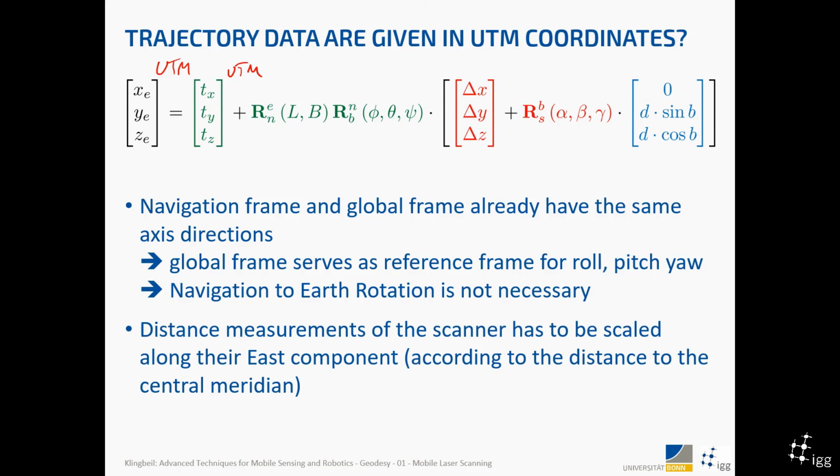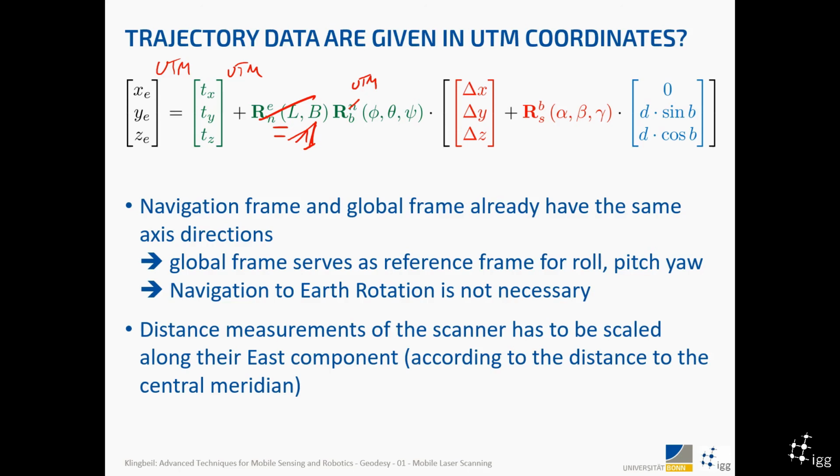That means that once we rotate to the navigation system, we are already in the UTM system. So the rotation from body to navigation, the Euler angles, already brings us into the UTM system. And then this here is removed. It's basically not removed, but it's unity, right?